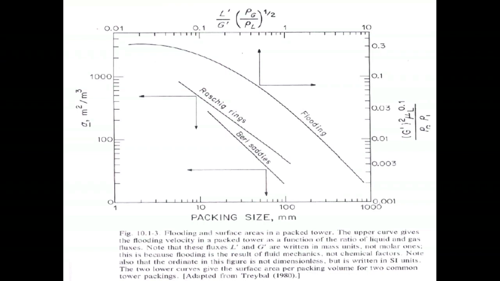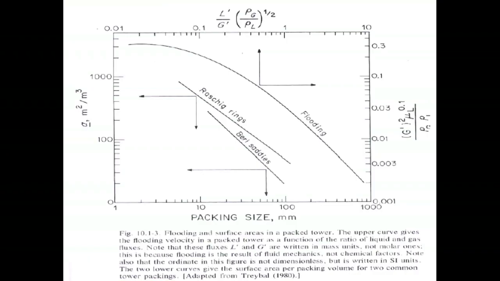And then there is a curve at the top here. This is called the flooding curve. The abscissa of our flooding curve is, at the top here, L prime by G prime into square root of rho G by rho L. L prime and G prime, against L and G used earlier, are mass fluxes, not molar fluxes, because when you deal with fluid dynamics, it is the mass flow rates which are important, not the molar flow rates.